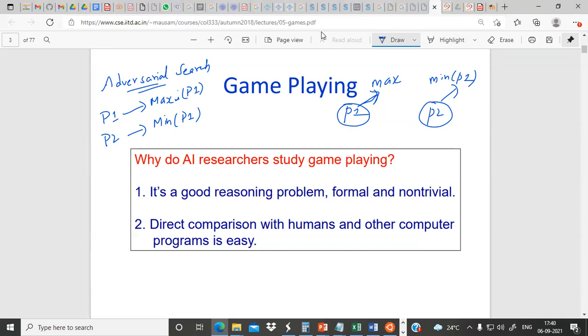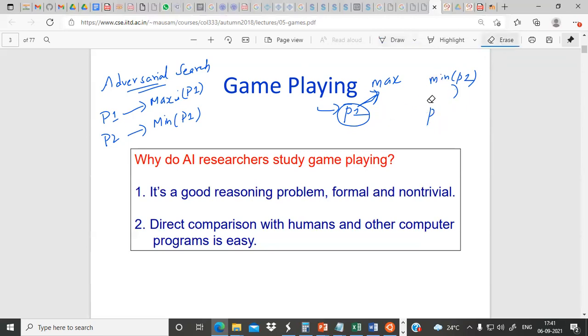As player one, we always try to maximize the performance, but at the same time we should be aware that there is an opponent who is always trying to minimize my performance. So in such a scenario, how should the search or the algorithm proceed? That's what we are going to discuss in adversarial search.